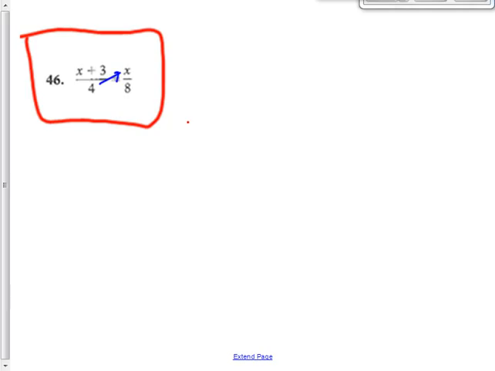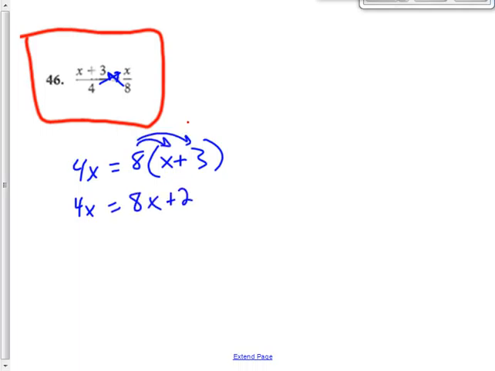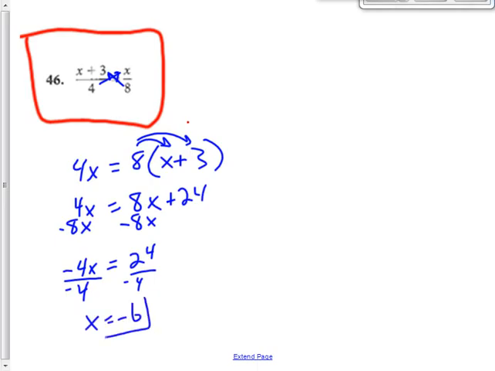But the 4 times x still gives me 4x, and the 8 times this gives me 8 times x plus 3. When I go through and do this, I get 4x on the left, and distributive property over here is 8x plus 24. Now I've got x's on both sides. In this case, I'm going to subtract the 8x just because I want to get the x's by themselves. Divide by -4, and I get x is equal to -6.